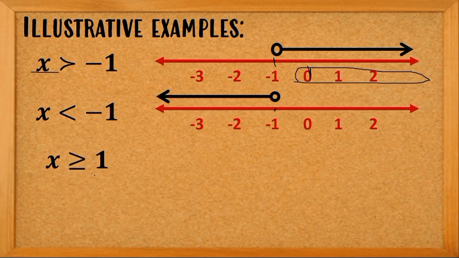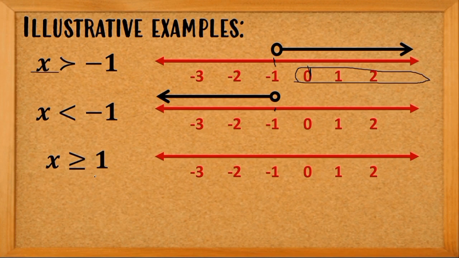And we'll have x is greater than or equal to 1. Draw the number line, locate positive 1, which is this one, and draw an arrow that proceeds to the right. And lastly, we'll have x is less than or equal to negative 2.